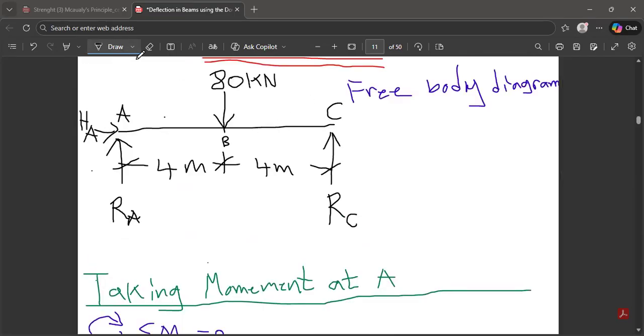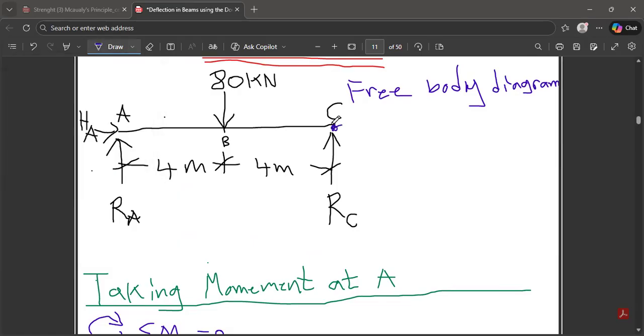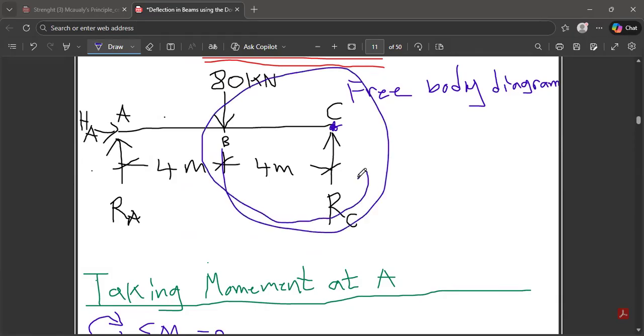Now, let's say we are standing over here. We are standing at C and we'll be taking a moment. So if you follow this direction and you take this moment, you realize that you are going to be moving in a direction of what? We're going to move anti-clockwise.